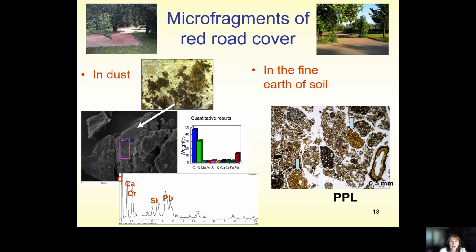During the Soviet Union time, the area around Moscow State University was covered with a special red asphalt with a high amount of lead and chromium. Now we find fragments of this road cover both in the dust and in the soil around the university.